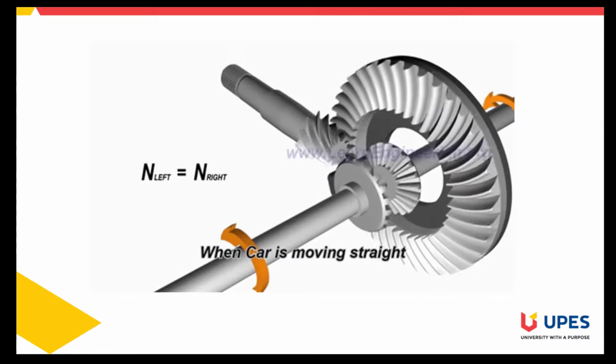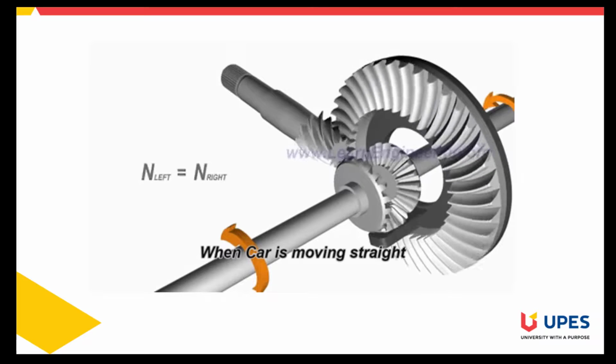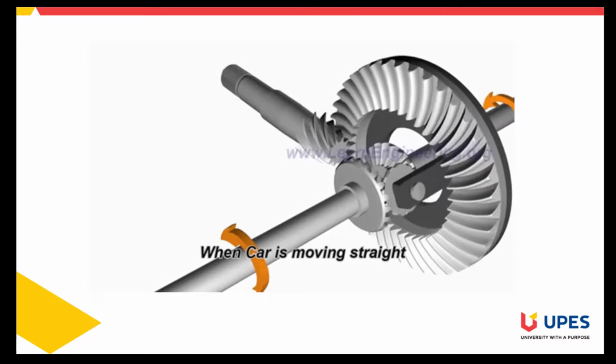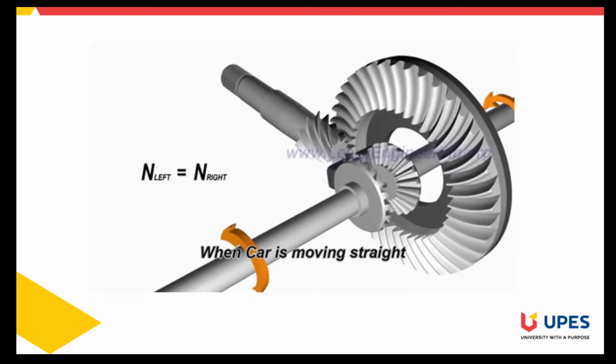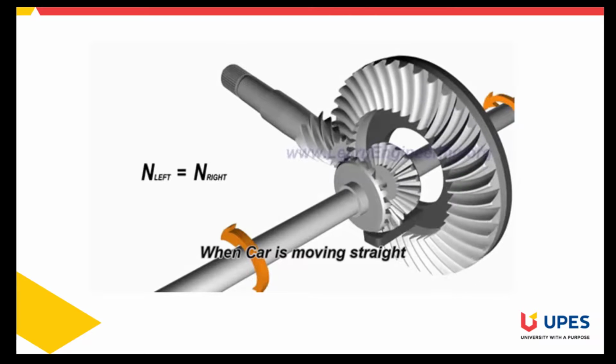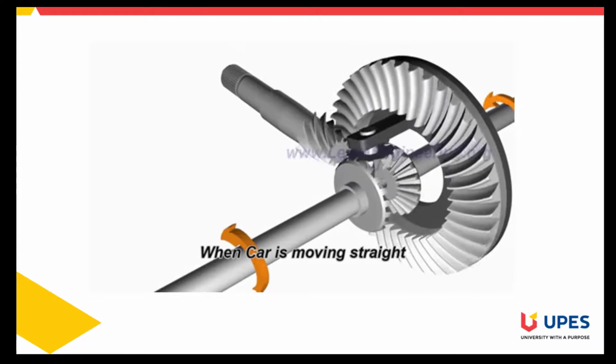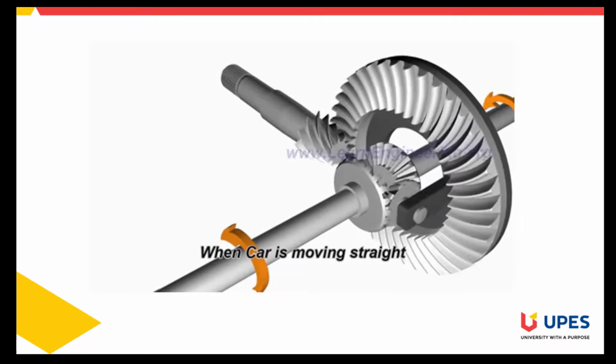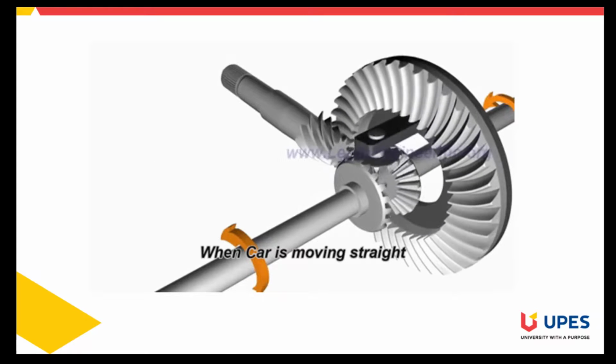Look at this. This is nothing but the differential of a car. When the car is moving on a straight path, there is no movement of the two pinions which are there. And when there is no movement of the pinion, then there is no differential motion at the two shafts or axles.